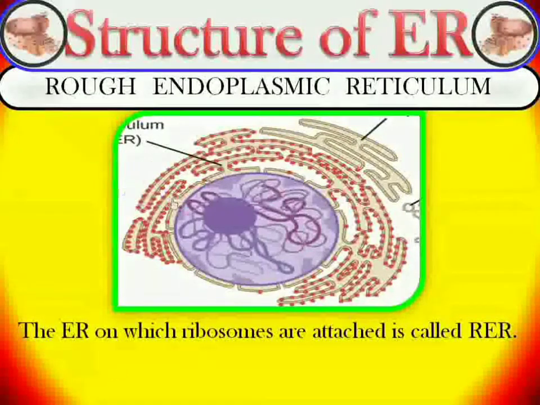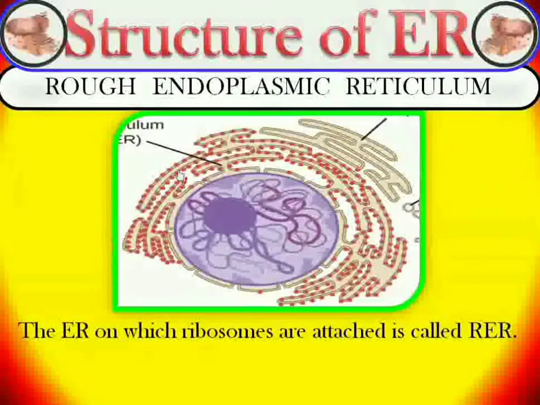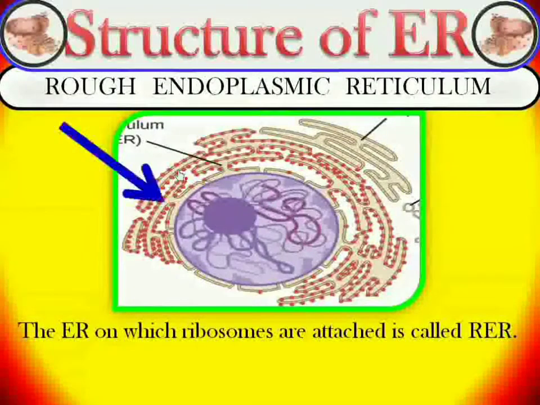Around the nucleus you can see the cisternae form of endoplasmic reticulum. On the cisternae form of endoplasmic reticulum, you can find red colored particles. They are nothing but ribosomes. That means in this part of endoplasmic reticulum, ribosomes are attached. So it looks rough. So it is called rough endoplasmic reticulum.